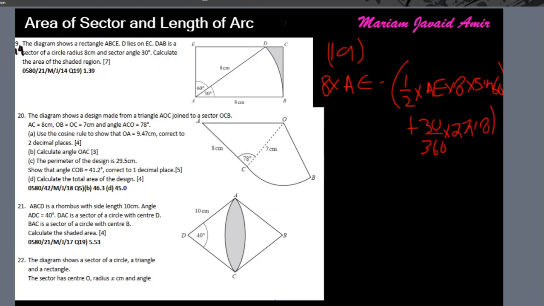So we need to find AE first, so to find AE, let's use this triangle. So AE is the base and 8 is the hypotenuse, so we'll use cos 60 equals base over hypotenuse, which gives us 8 times cos 60, four.